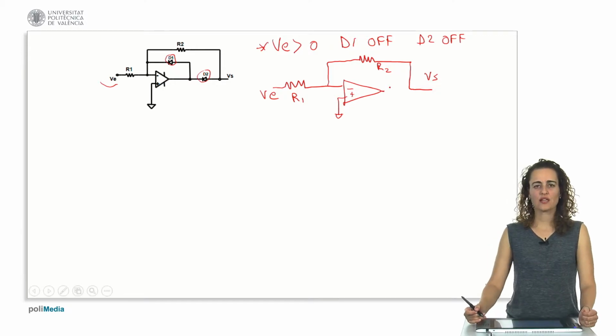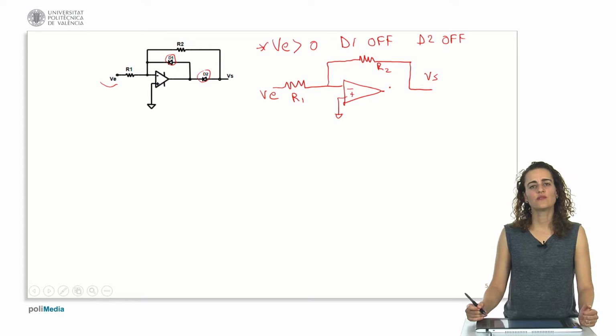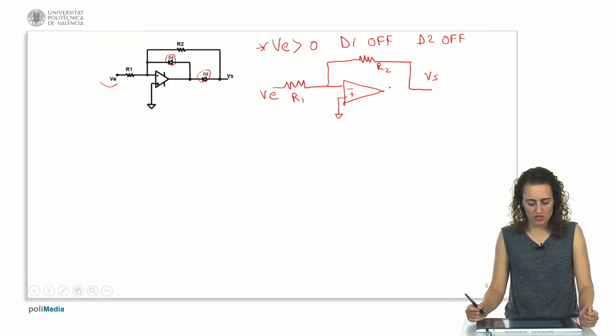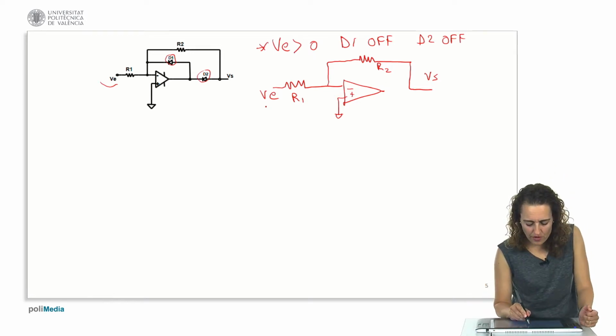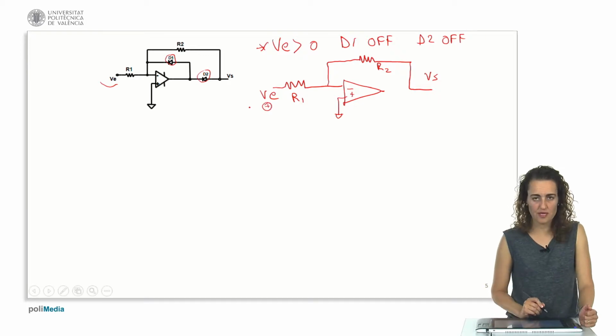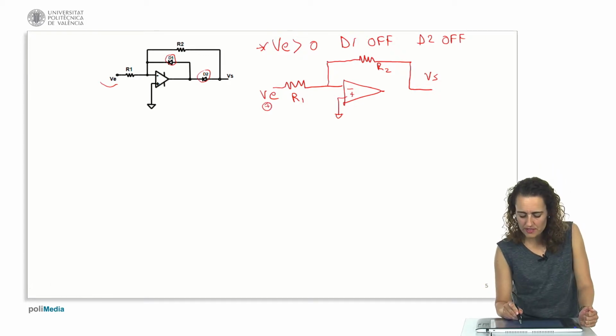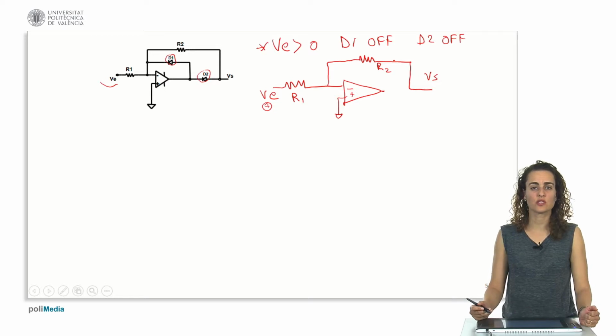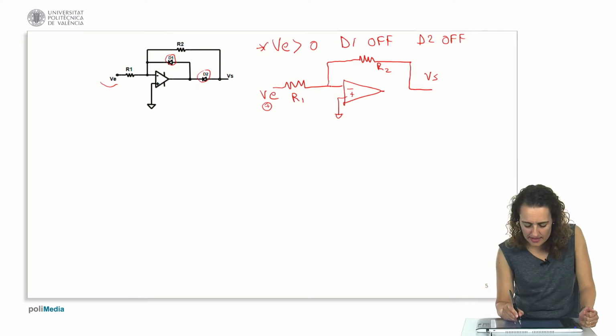Now let's check whether it's true that these diodes are off. Here I have a positive voltage, VE, and no current circulates through R1 and R2 because this is an open circuit, so I can say that here I still have VE.